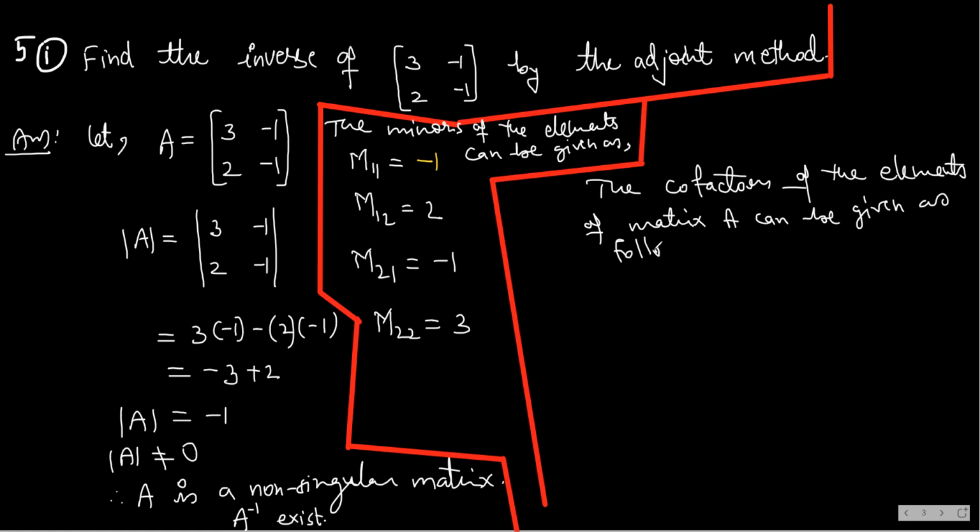Students, first of all, we will write the formula. What's the formula for cofactor? Cij is -1 raised to i plus j multiplied by Mij.